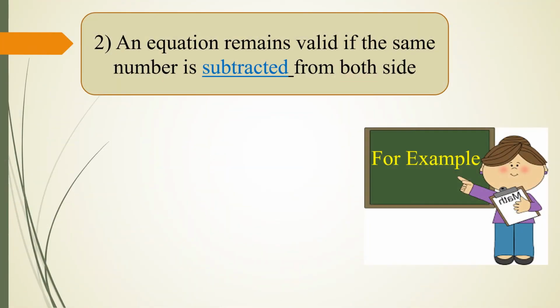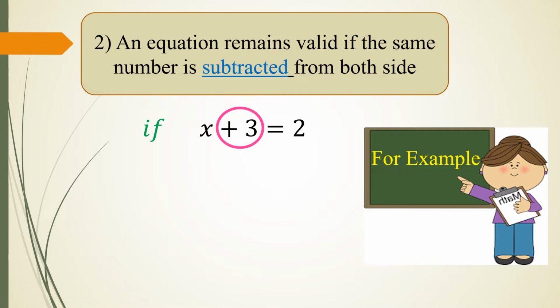Number 2, an equation remains valid if the same number is subtracted from both sides. For example, if x plus 3 equals 2. Here, plus 3, what is the inverse of plus 3? The inverse of plus 3 is -3. So I subtract 3 from both sides.